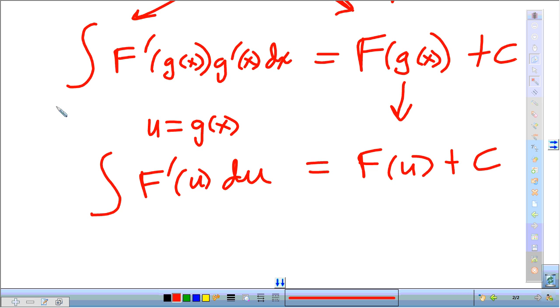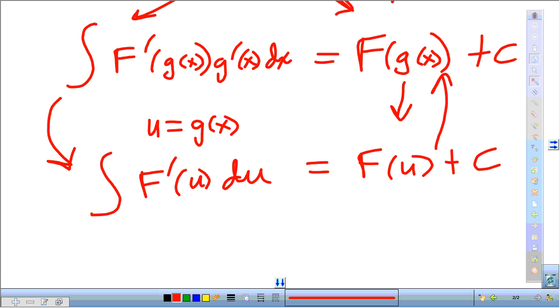And so we come full swing that we convert f prime of g of x times g prime of x into f prime of u du. Work out an antiderivative in terms of the symbol u. So now we don't have the extra factors. And substitute back to get f of g of x. So that's our substitution method.